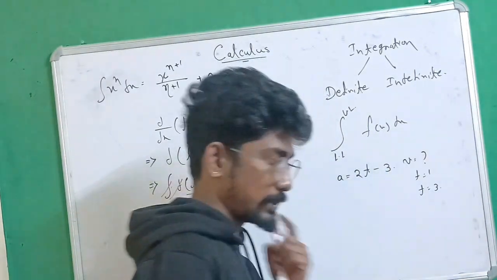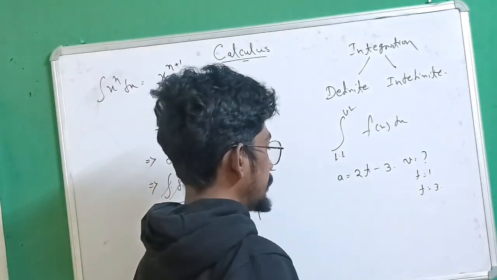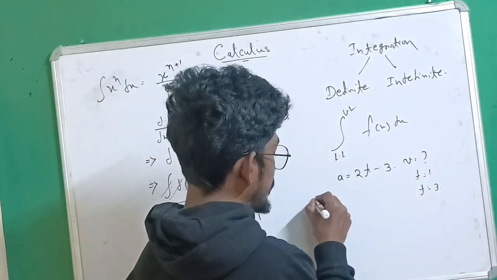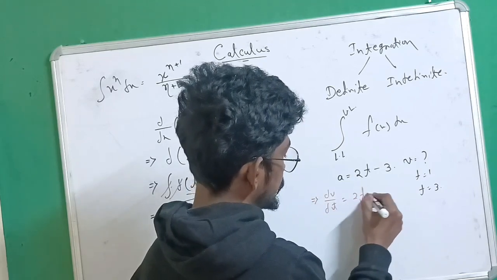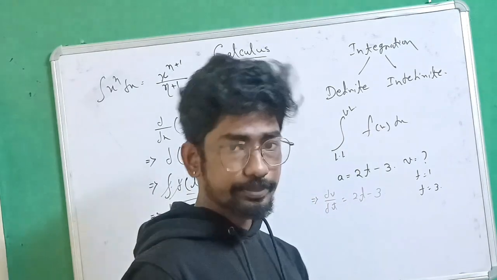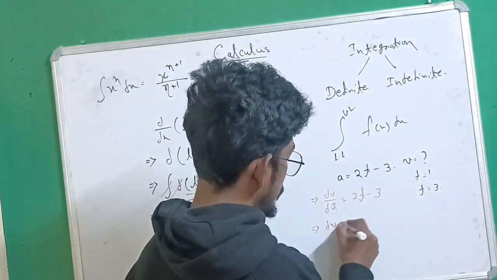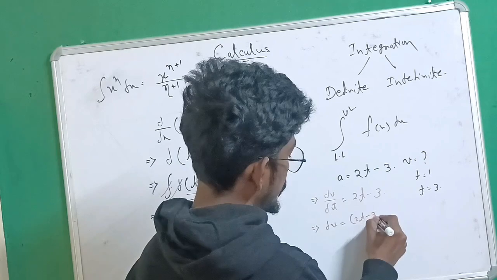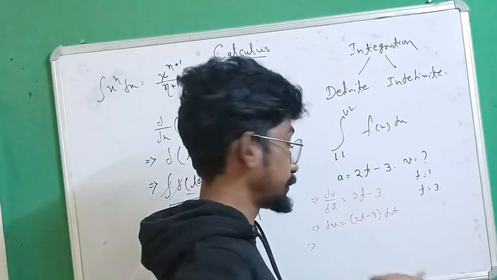What was the velocity in between that? You know a equals dv by dt. So dv equals (2t minus 3) dt. Now take integration on both sides.